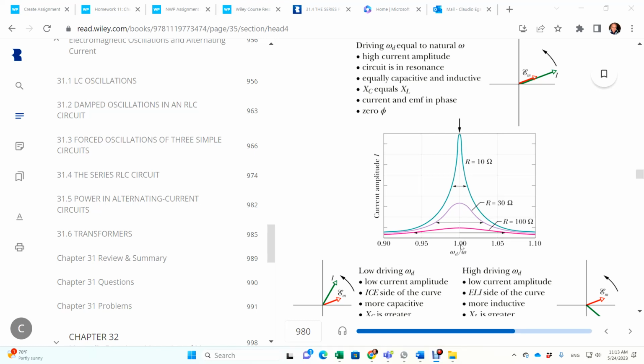Even better, if you have one primary circuit tuned to this value and another secondary circuit tuned to this value as well, you're going to have maximum current, you're going to have maximum induction in your circuit. That's the important thing here. Once you tune a little bit off of this, the current is going to be lower, okay?